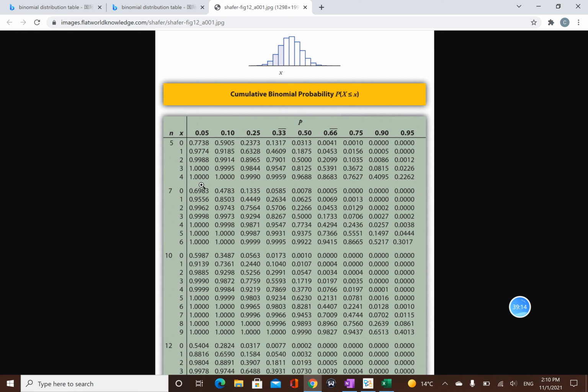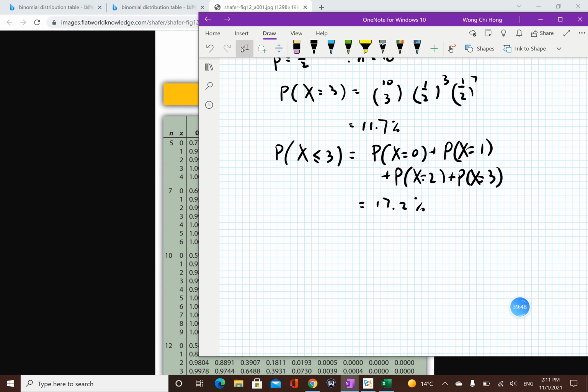So all you need to do is look up the value n, like n equals 5, n equals 7, n equals 10, etc. I'm doing this for 10 throws, so our n equals 10. And I'm looking for probability of 0.5 in this case, 0.5 for p. Then we can look up X less than or equal to 0, 1, 2, and 3, etc. You can see that I've got 0.1719 for X less than or equal to 3, the one that we actually got.